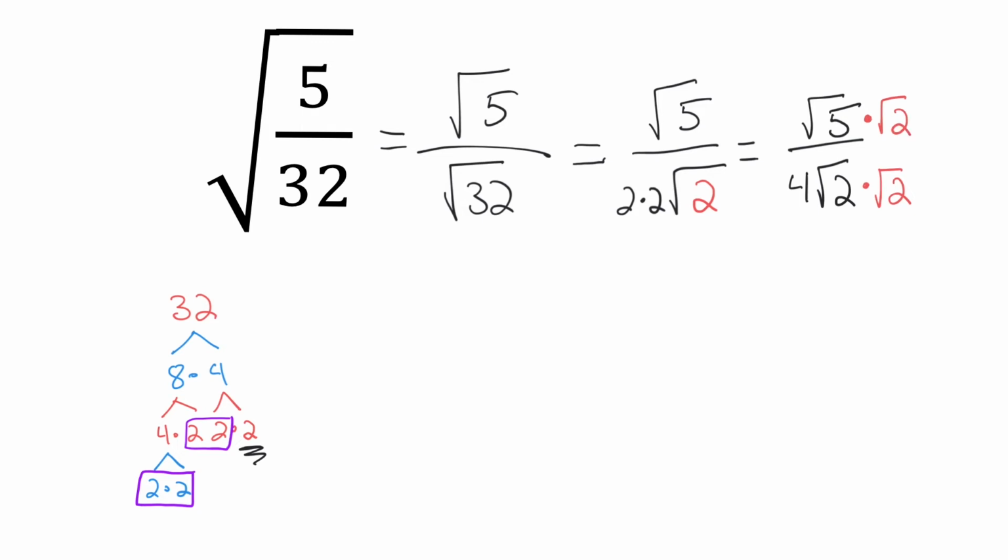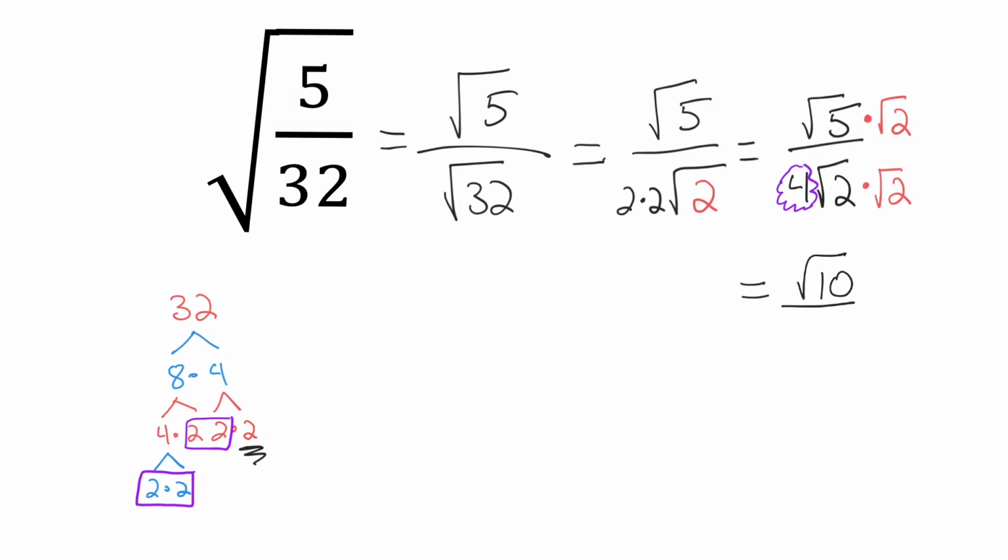Now on the top of the fraction, you have 2 numbers with a radical. So we can use the product property here. We can multiply the radicands, the numbers inside, and you keep the square root. So 5 times 2 will be 10, and I keep the radical, so the square root of 10. On the bottom, well, you have this 4 outside of the radical.